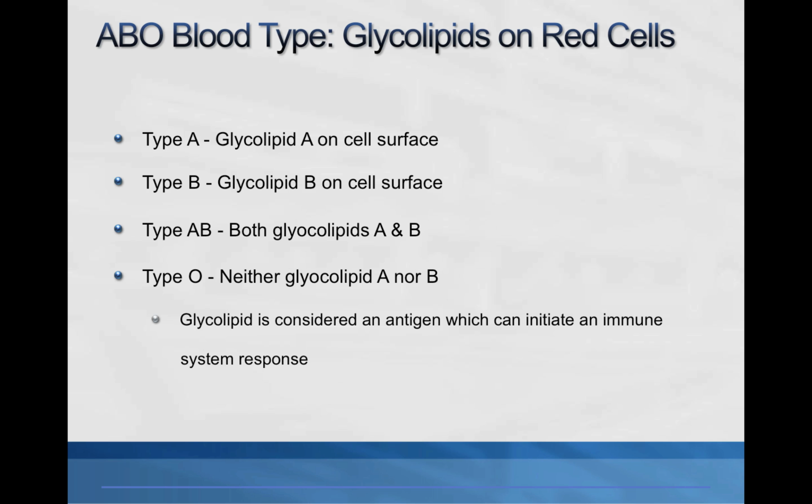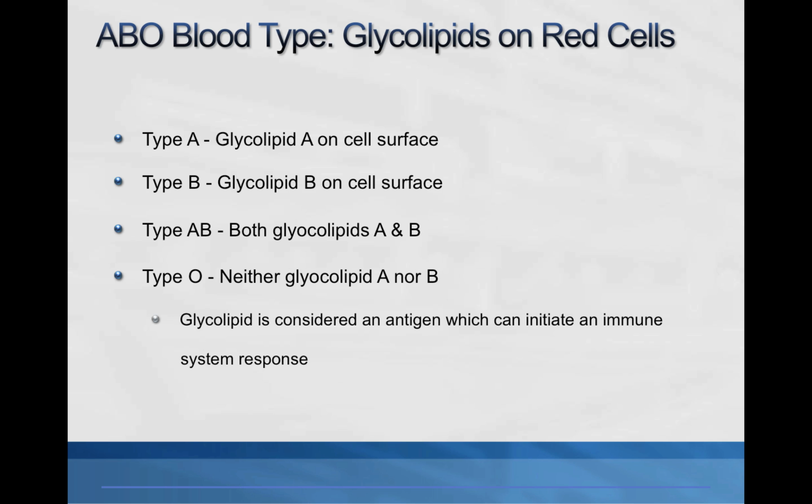This is just repeating what I had said on the previous slide. Glycolipid is antigen. Same thing. When you say glycolipid, you're just saying what it's made of. But it is a protein that is projected on the outside of the red blood cell. All of our cells have markers, and those markers are how cells communicate as well as be identified as belonging to you.